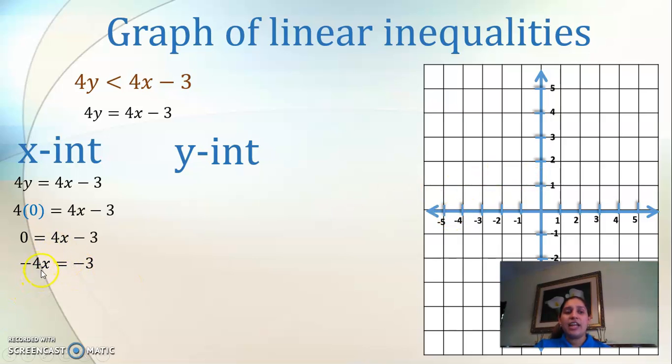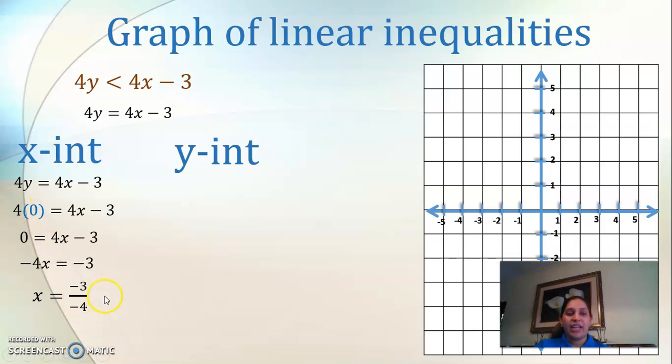Now, my x is not completely alone. So I'm going to move my negative 4, that is multiplying, to my other side, doing the opposite operation. And the opposite operation of multiplication is division. So I move my negative 4 to the other side, and I'm going to have it like this. x equals negative 3 over negative 4.